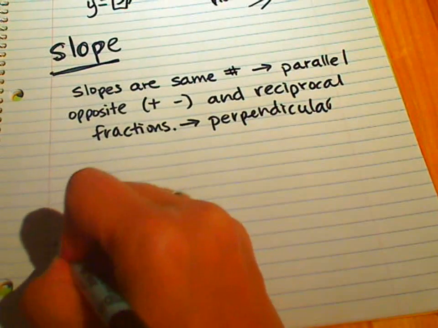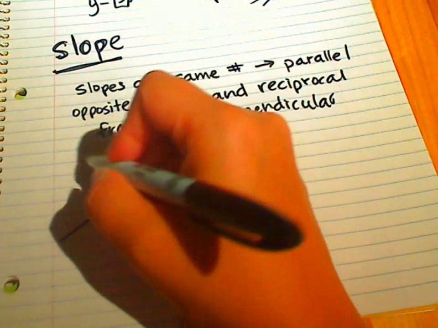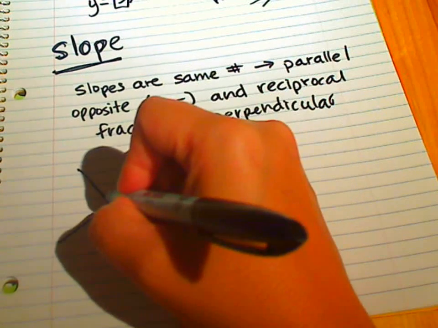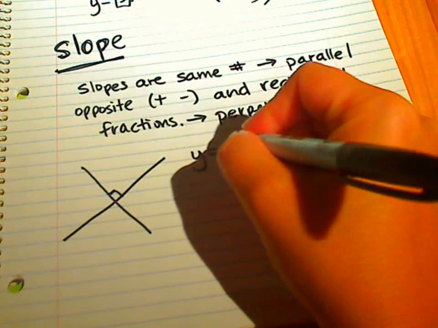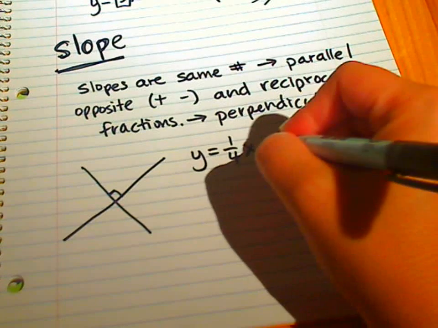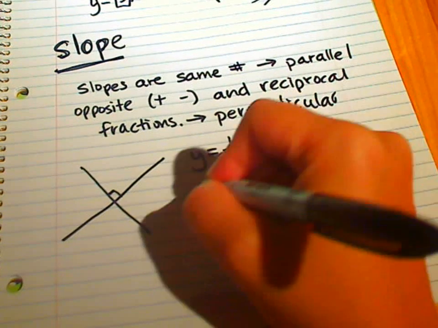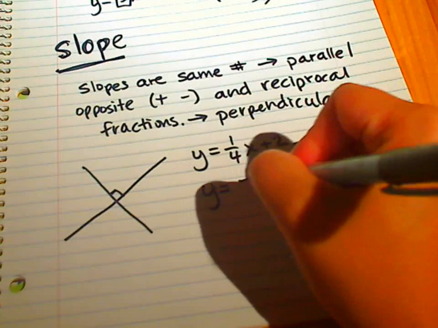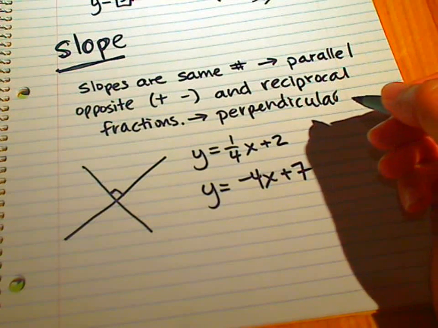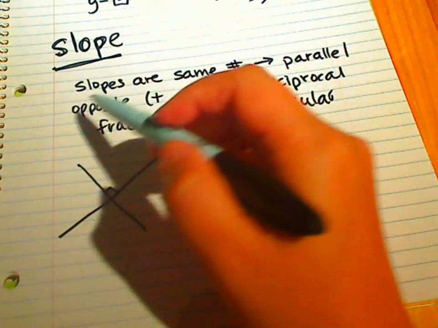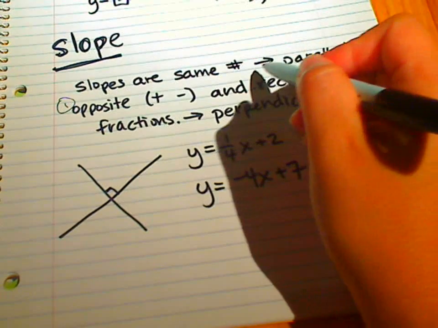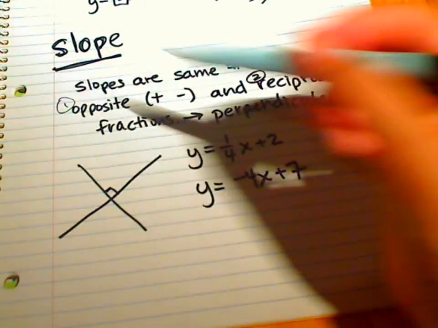Perpendicular, it helps to have a positive and then a negative, and then they'll be opposite. So if you have y equals 1/4 x plus 2 and y equals negative 4x plus 7, these may not look like it, but the first thing we check is that they are opposite.